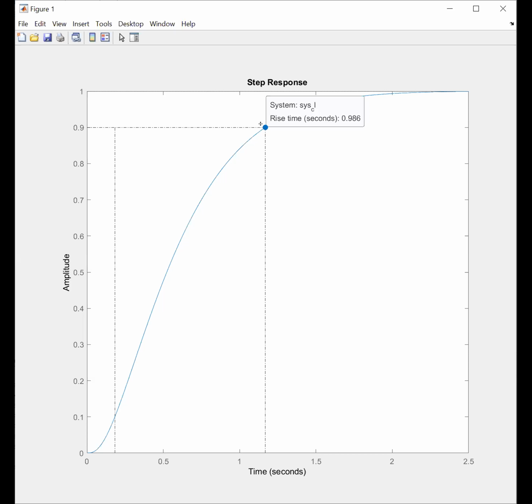Wow, rise time is now 0.986. Settling time, right click, peak response. And this is how the system can be controlled. So what we did is we added a gain, and with that gain, the system is now controlled. Any questions here?